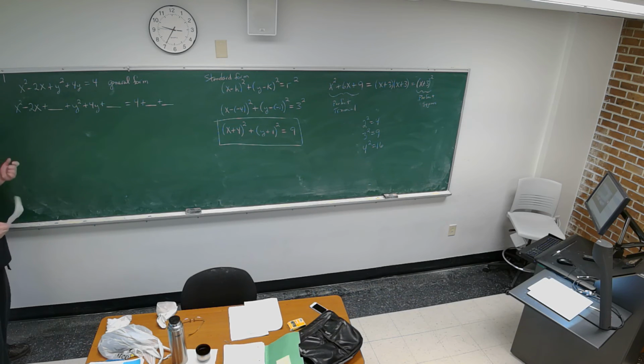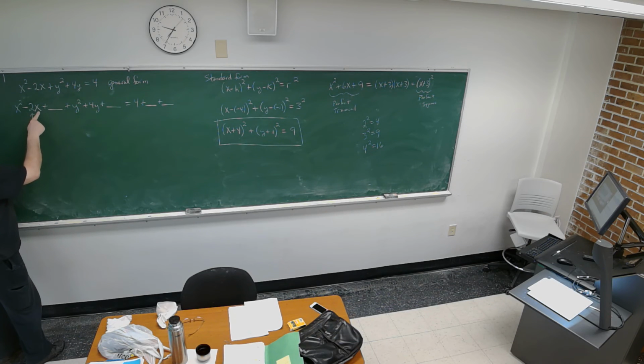Now, this is explained in general terms in the rectangle up here. But to find the number that we have to add to both sides to create a perfect trinomial in the variable x, you take the number in front of the x, in this case minus 2, divide that number by 2, and then square the result.